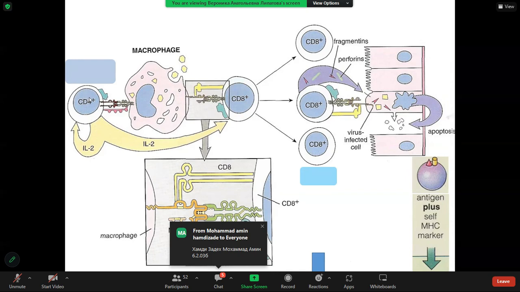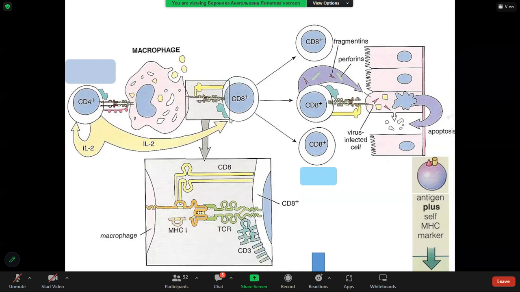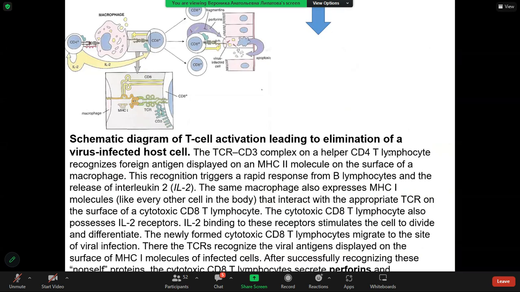In turn, the T helper cell stimulates the activity of CD8 positive, cytotoxic or cytolytic cells, and this is proliferation and differentiation of it against this antigen. And finally, virus-infected cells undergo lysis, apoptosis, and phagocytosis. Here, the infected cell itself is antigen, and this is the foreign antigen of a virus, for example. The description of it is here.